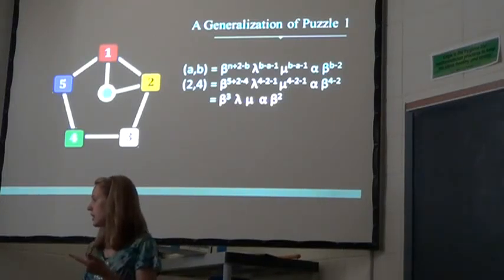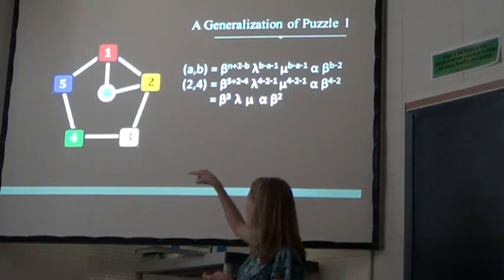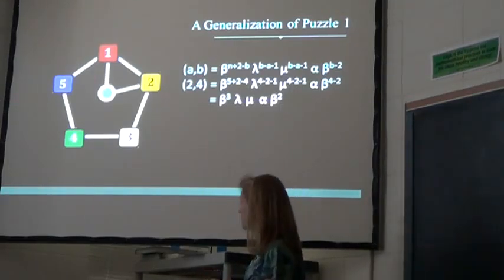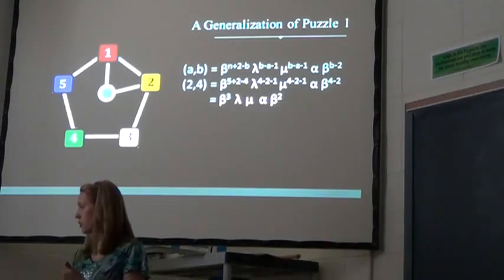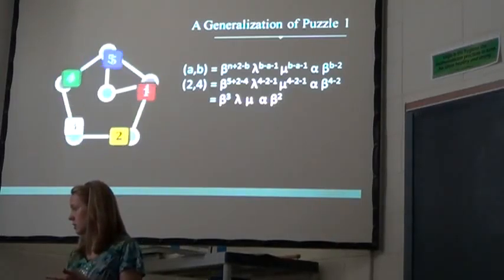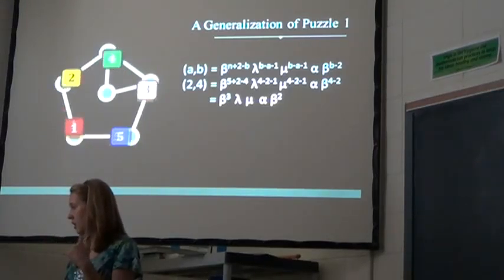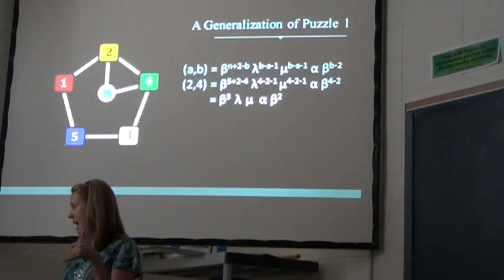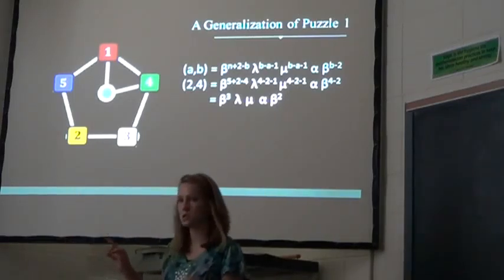Then we plug in here, N is the number of vertices on the puzzle, so we have 5 vertices. So we plug in our numbers A, B, and N, and we get out that we need 3 betas, 1 gamma, which is an alpha-beta combination, 1 mu, which is an alpha-beta inverse combination, an alpha, and then 2 betas. And then we've switched 2 and 4.